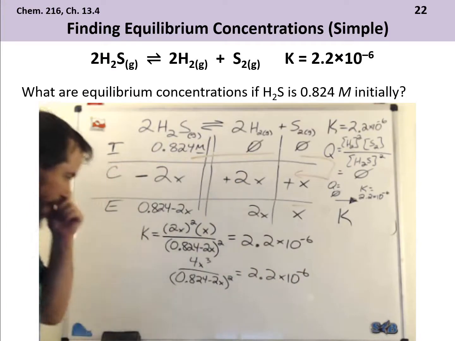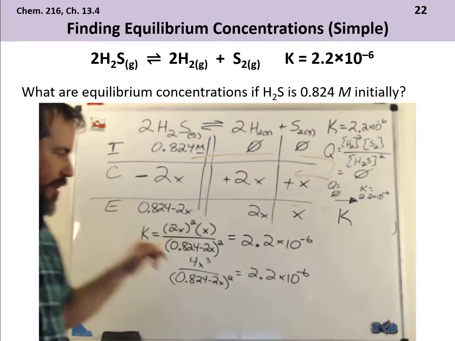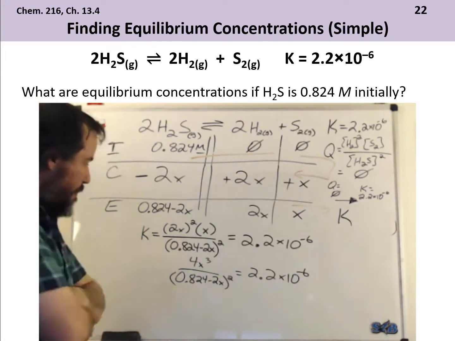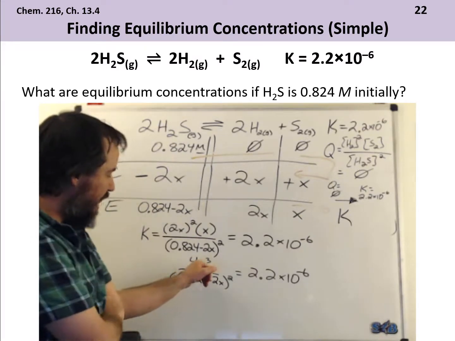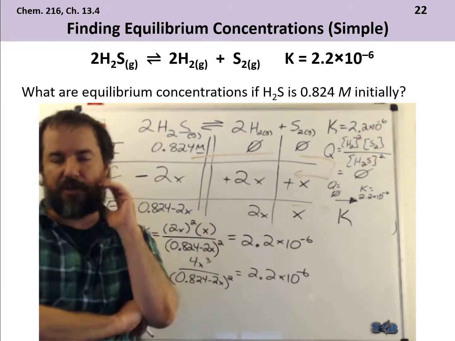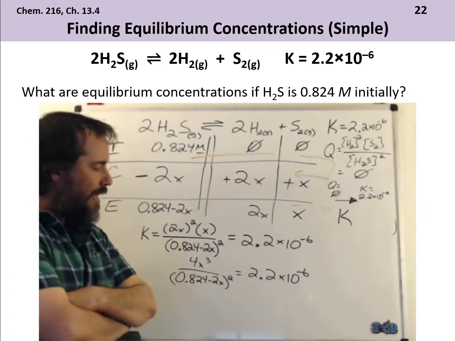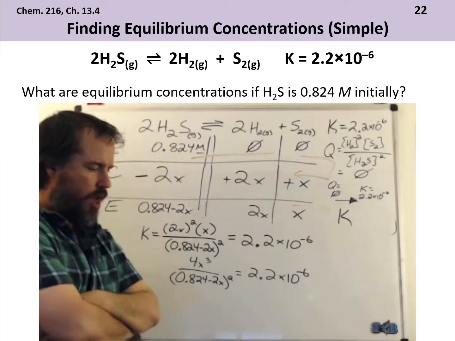All right, so now at this point, I need to realize that this would be really tough to find x. In fact, we need to use some complicated math to find x because I'll have an x cubed term and I'll have an x squared term. It'll be difficult. Okay?